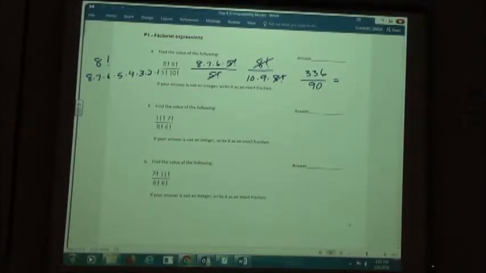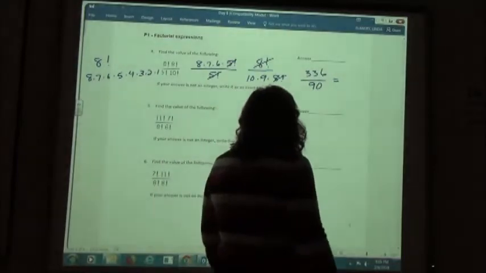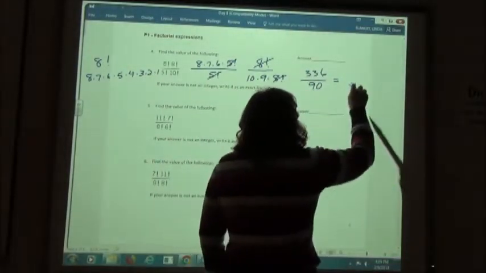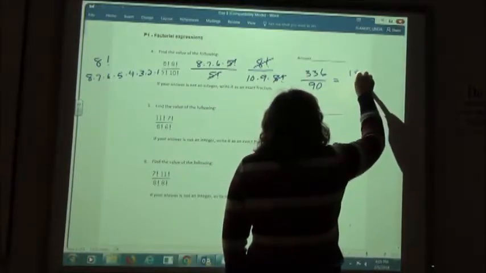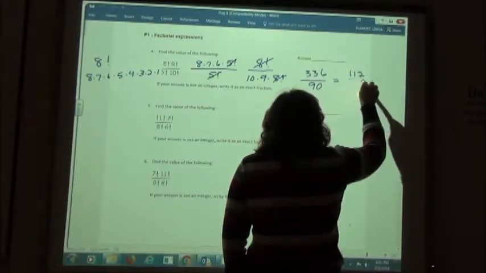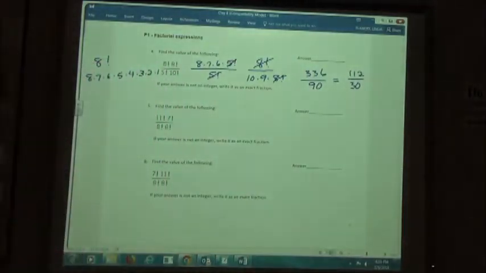Maybe 3. We can divide by 3, yep. If I divide by 3, I'm going to get 112 over 30, right? But I can reduce that some more.